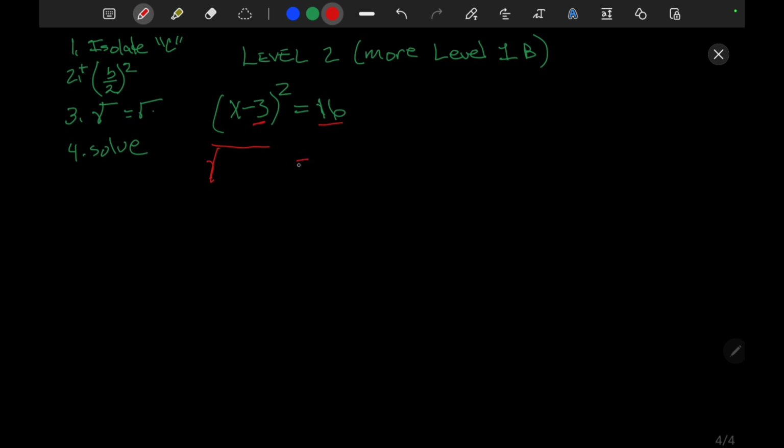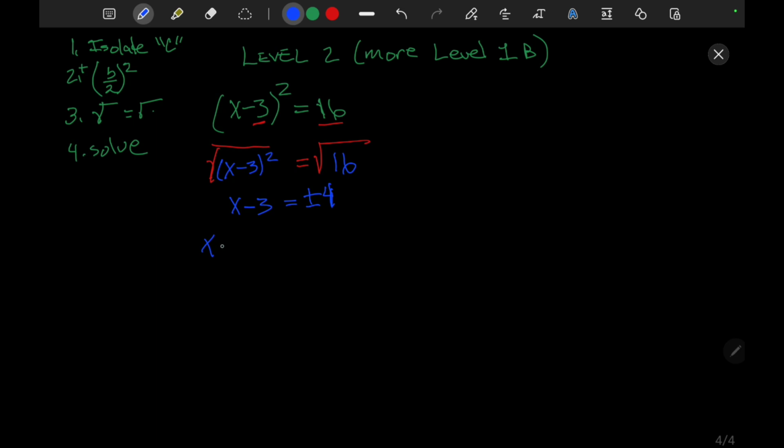I take the square root of x minus 3 squared, and the square root and a square is 1, which leaves me with x minus 3, which equals plus or minus 4, because that's the square root of 16.